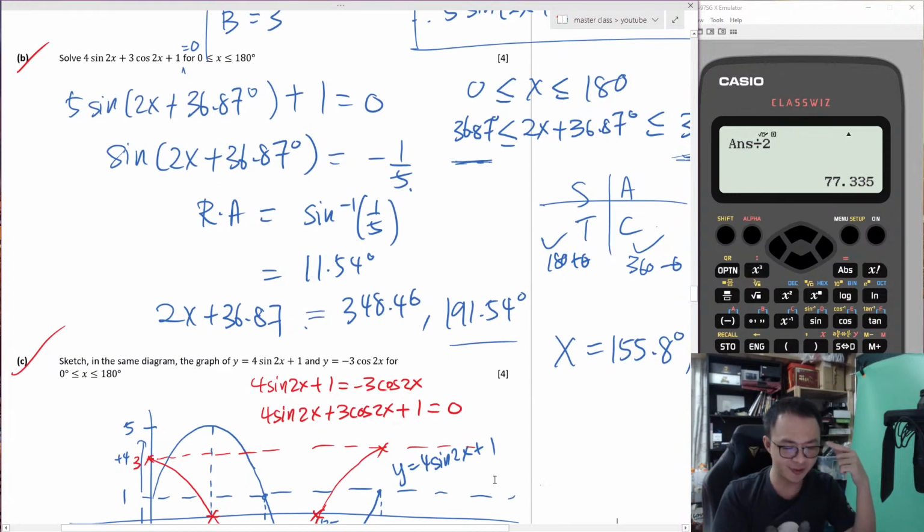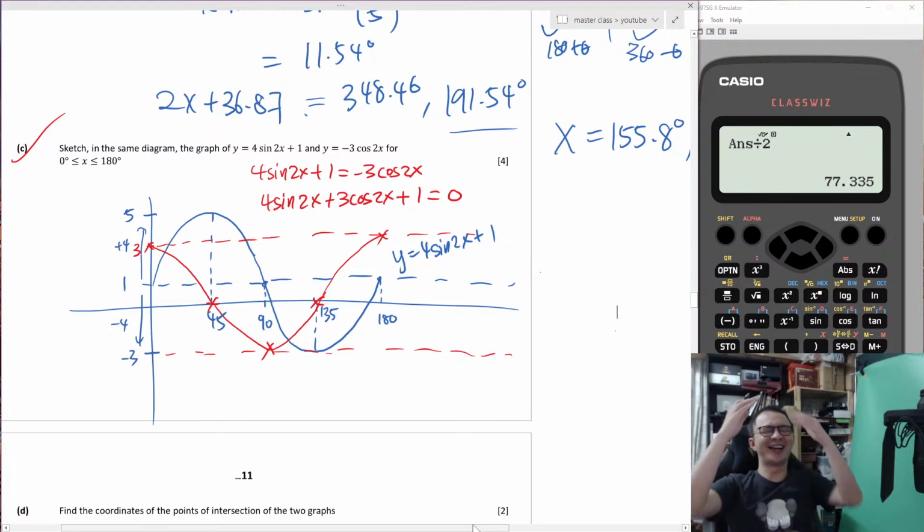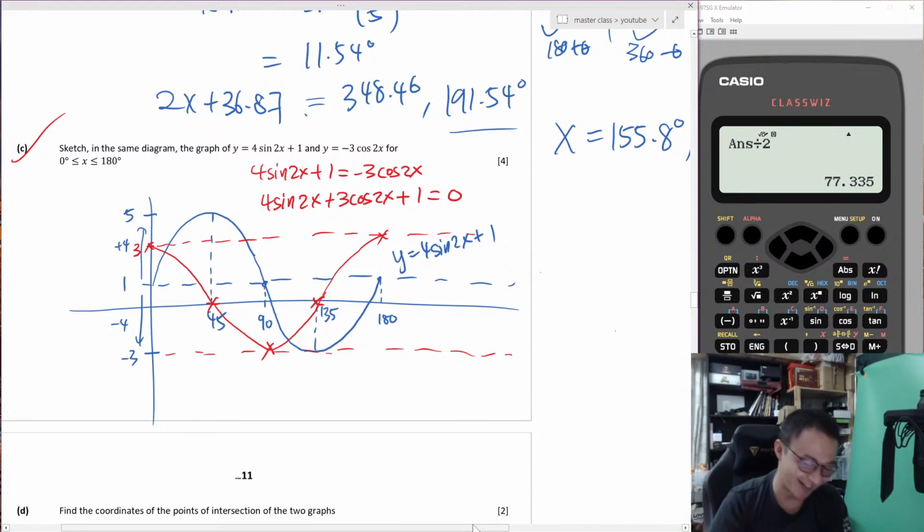Or am I solving anything wrong here? One over 5. Oh yeah, the cos graph is negative.